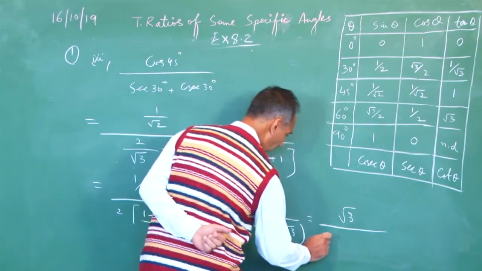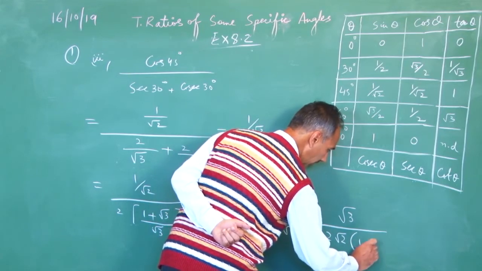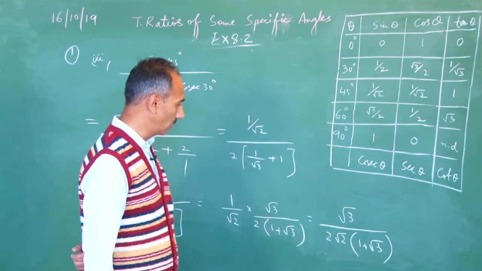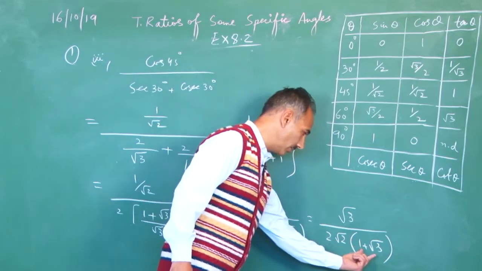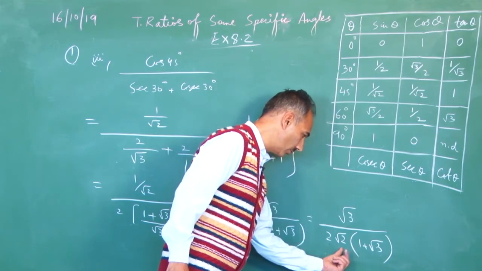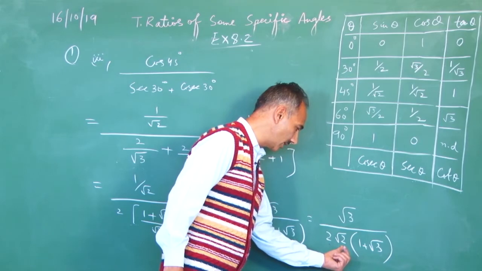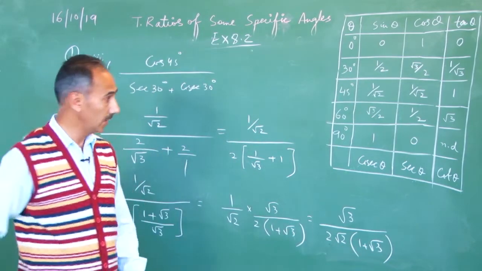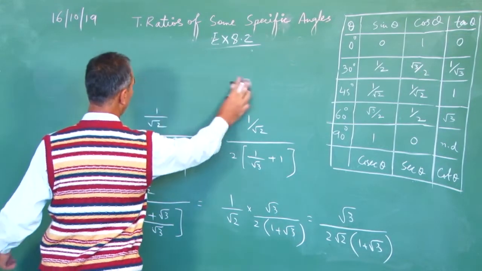This will be 2 square root 2 into 1 plus square root 3. You have 2 irrational terms in the denominator. This is a binomial. This is a monomial. So we have to rationalize. Make this root 2 rational, same as 1 plus square root 3. We'll do it 1 by 1. I'll continue this. I'll be rubbing this part.